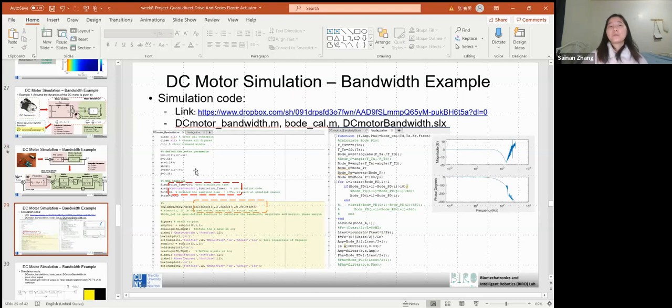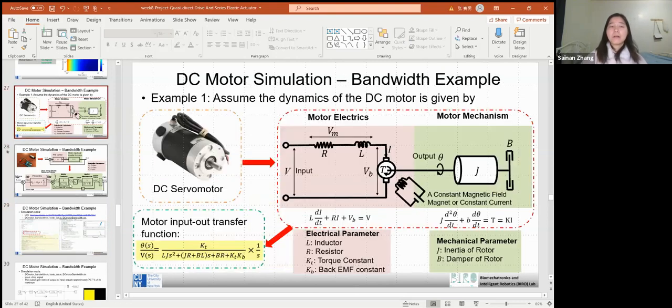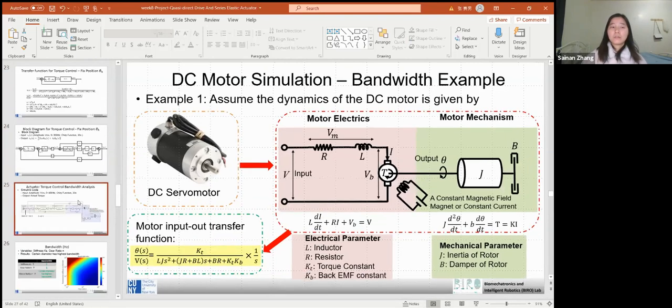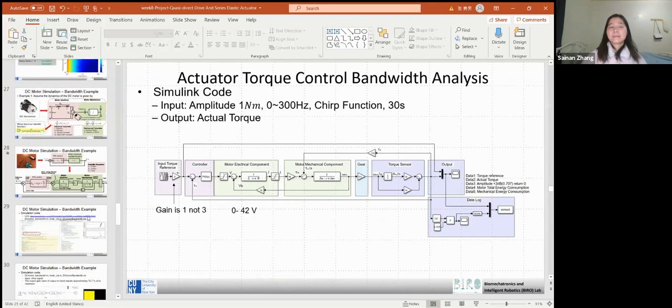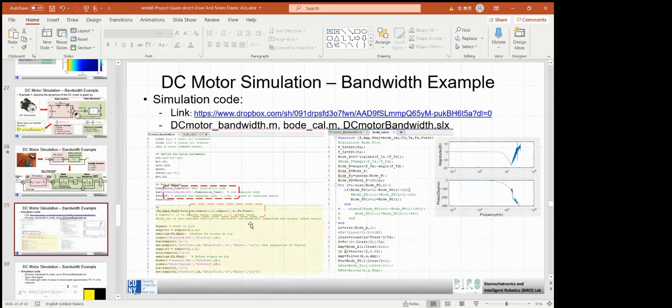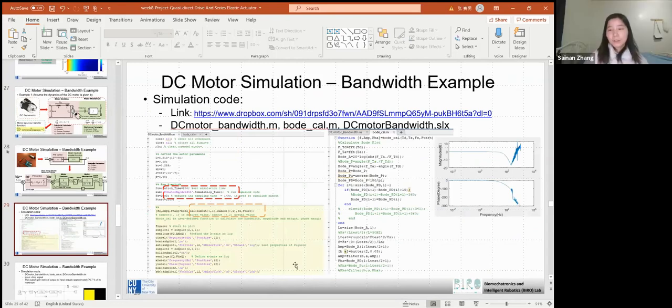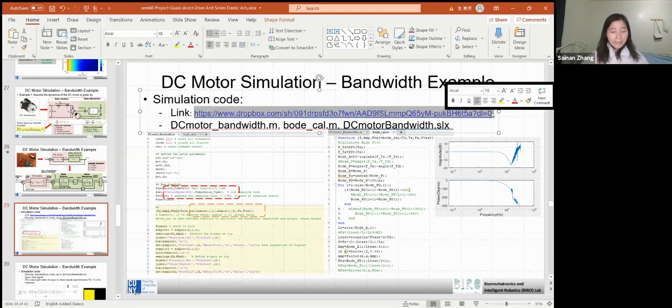So when you learn the example, you will know how to do this part. So for the next one or two hours, you can practice the simulation code by yourself. And I can send the link to you.